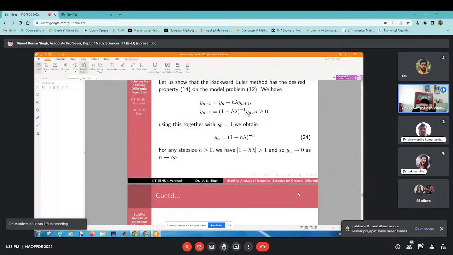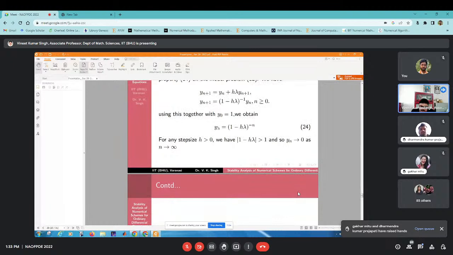Look, in the right hand side we have yn, and in the left hand side we get yn plus 1. So I wish to find yn which must be free from the yn component on the right hand side. For that purpose I have used induction, and then I received yn in terms of (1 minus h lambda) to the power minus n. So that is the solution.